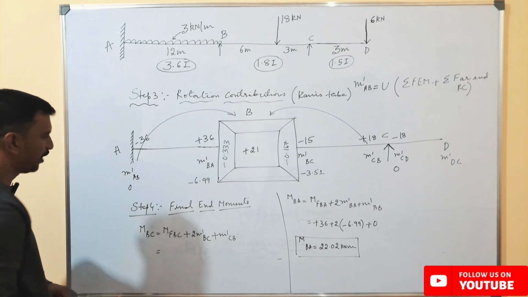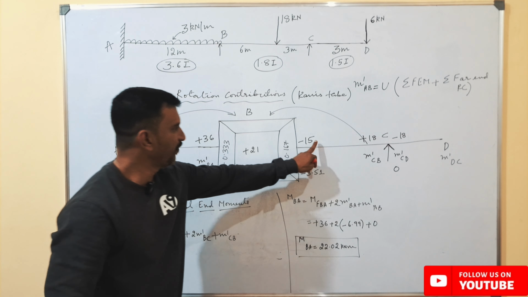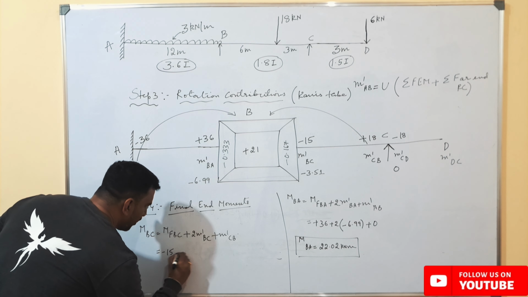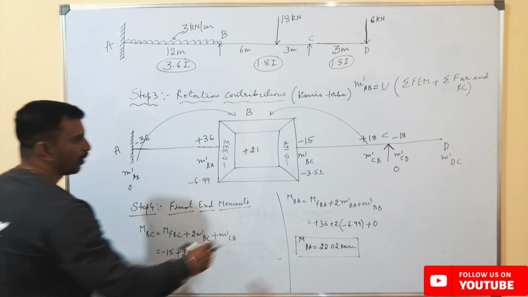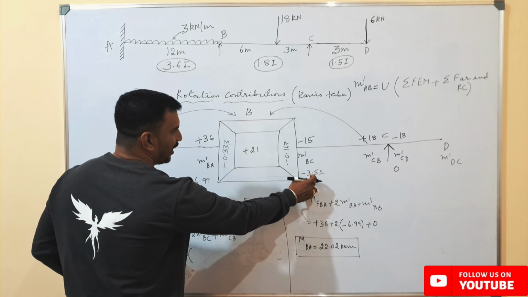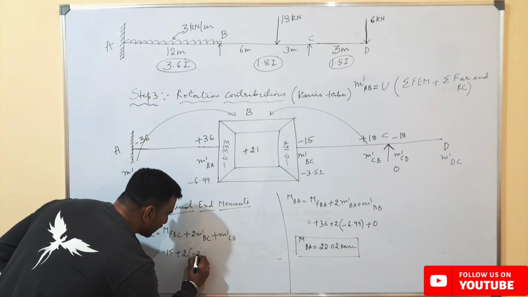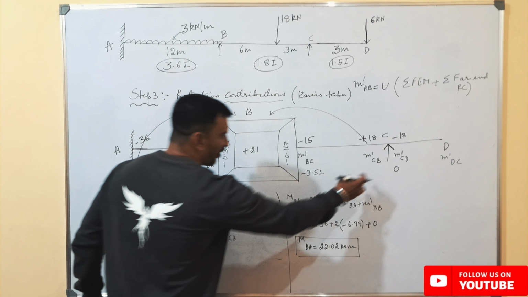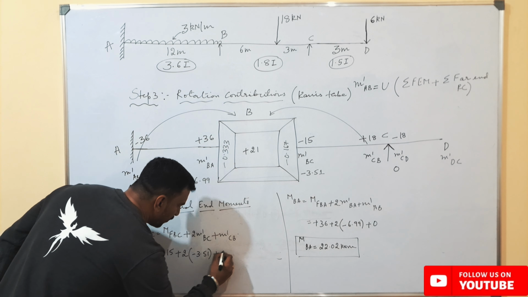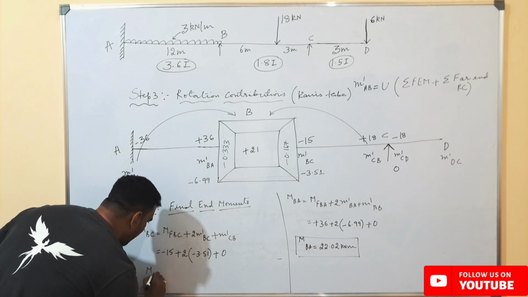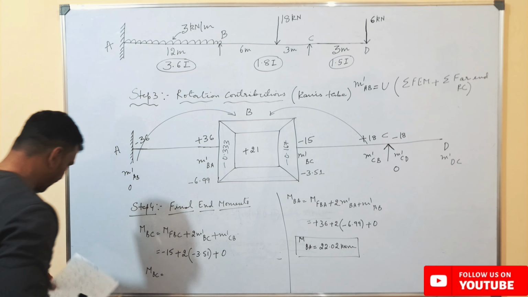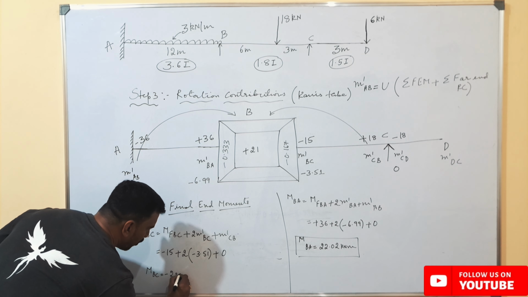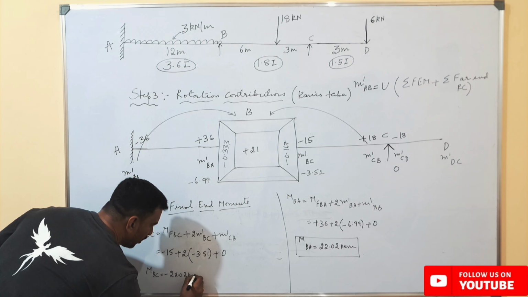So the fixed end moment from B to C, how much we have got here, which is minus 15, plus 2 times rotation contribution about the near end. Near end here, how much we have got? Minus 3.51, plus 1 time the rotation contribution about the far end, how much? It is 0. So final end moment from B to C will be equal to minus 22.02 kilonewton meters.